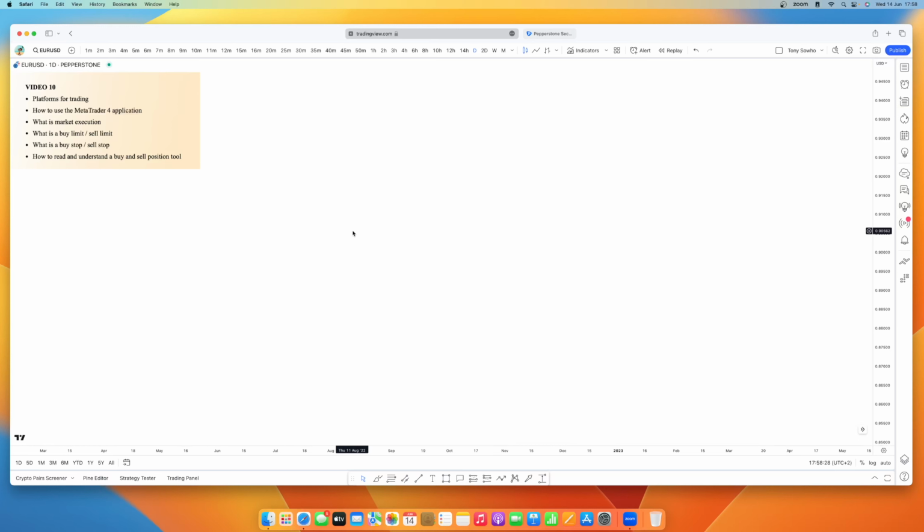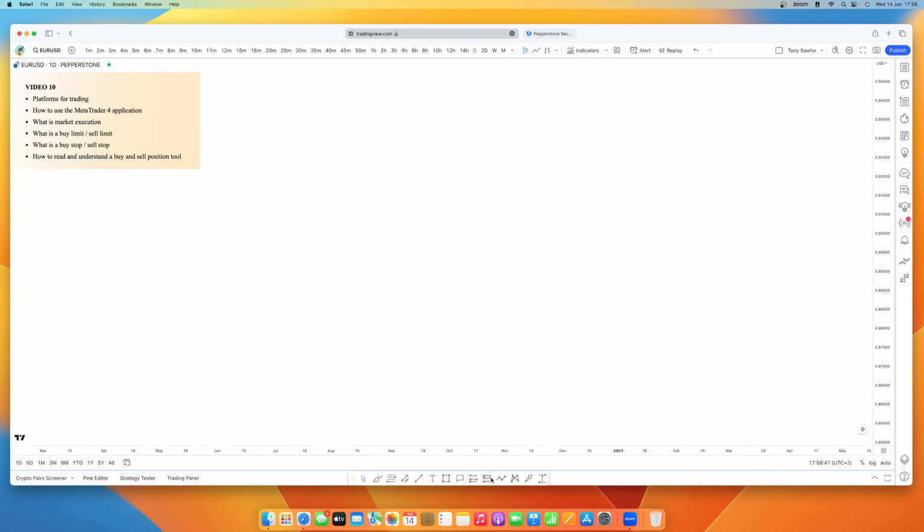So now let's come back to the TradingView website where we can talk about the last thing, which is how to read and understand a buy and sell position too.